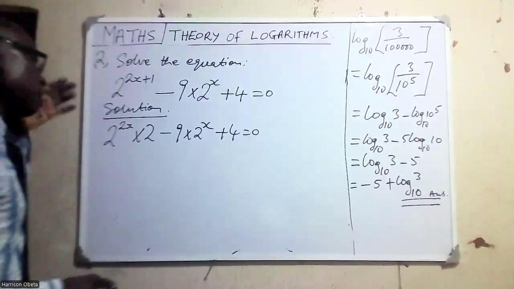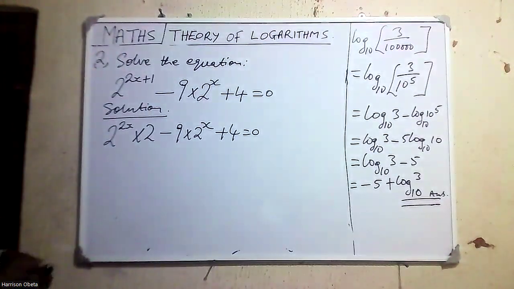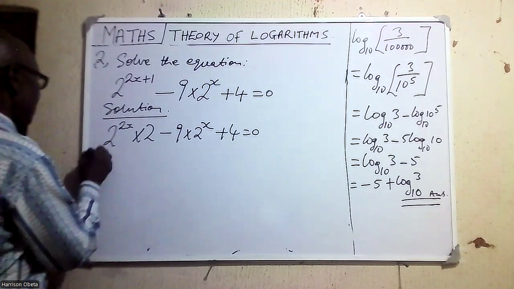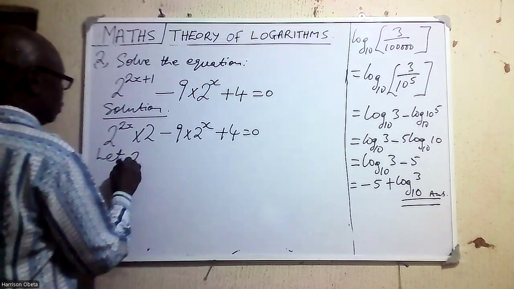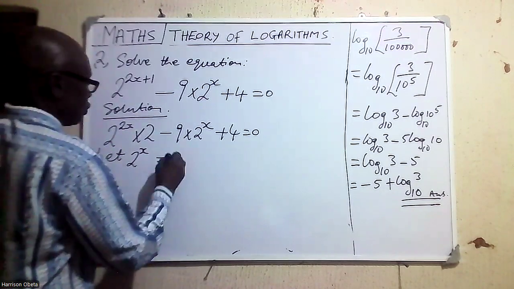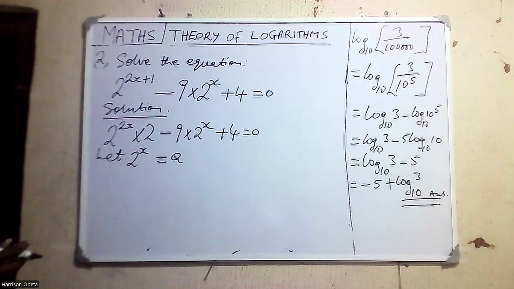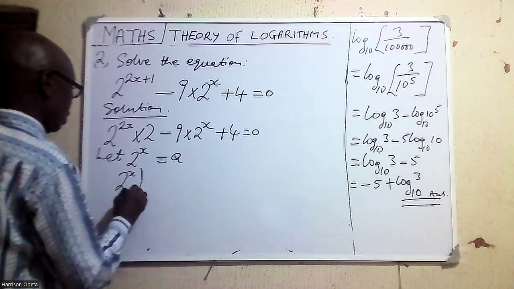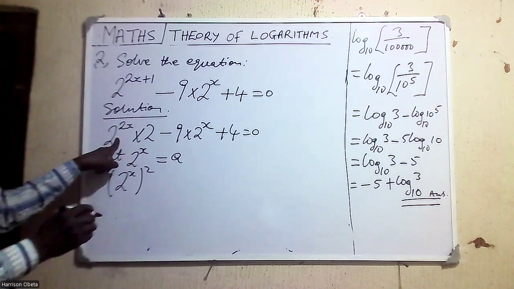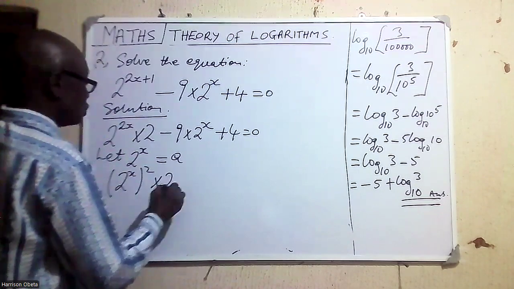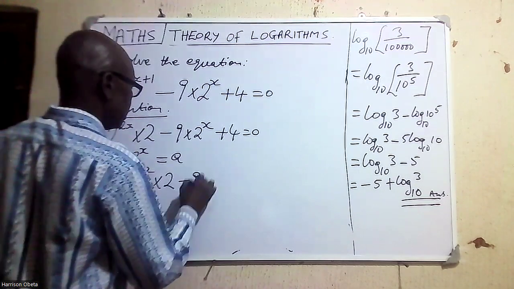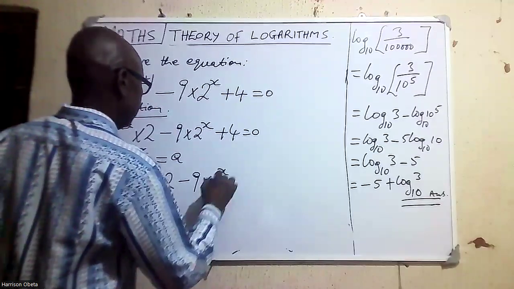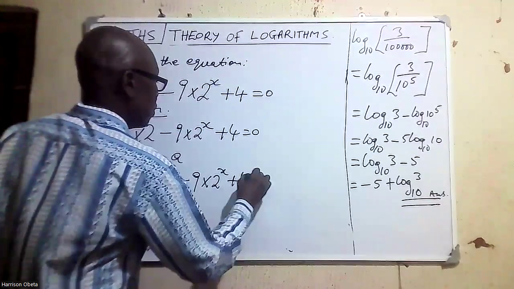Now, to make the question a little bit simpler for us, we have to represent 2 raised to power x by something. So let 2 raised to power x equal to a, for instance. And rewriting the whole thing, we have 2 raised to power x all squared, that is for this one, times 2 minus 9 times 2 raised to power x plus 4 equal to 0.